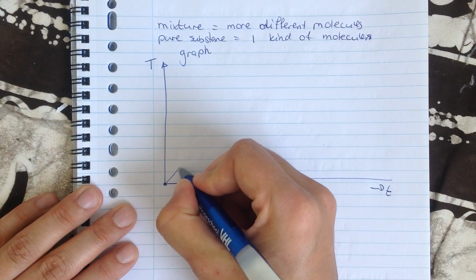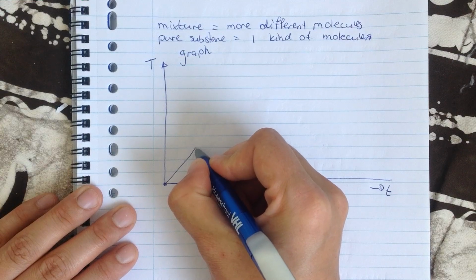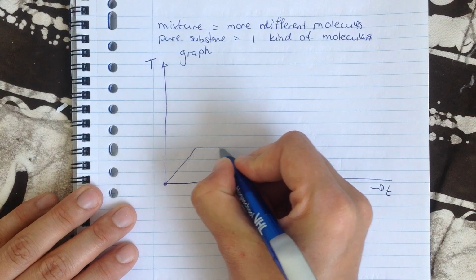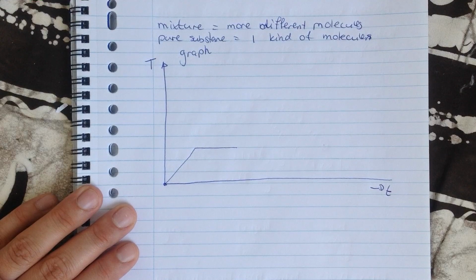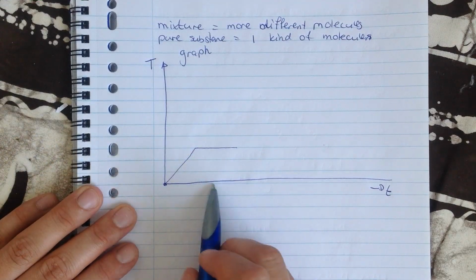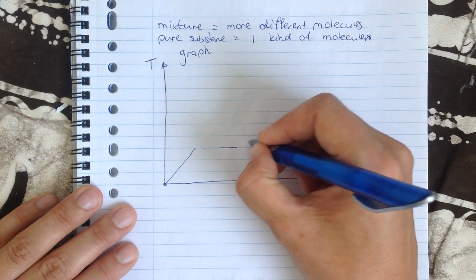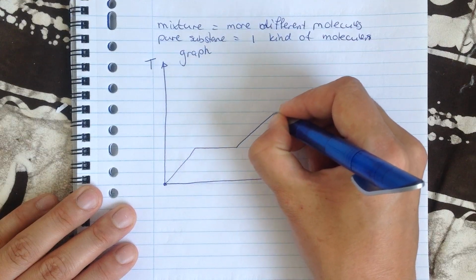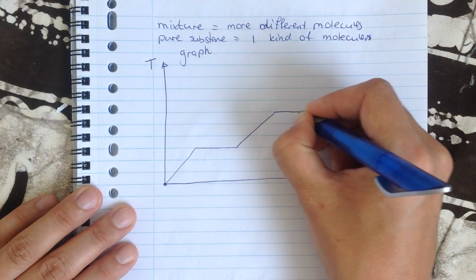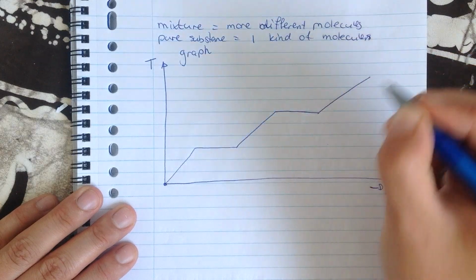Obviously it's going to melt first, but eventually there will be a part where it's just going like this. So you do heat it, but the temperature doesn't go higher. Then eventually it will go higher. I will stop here again. It will go like this.